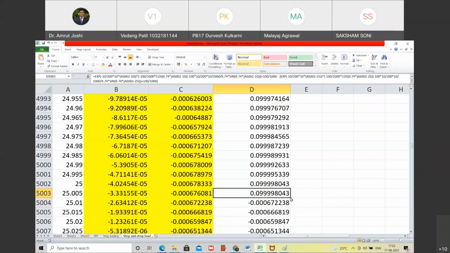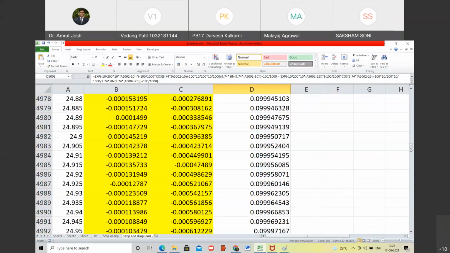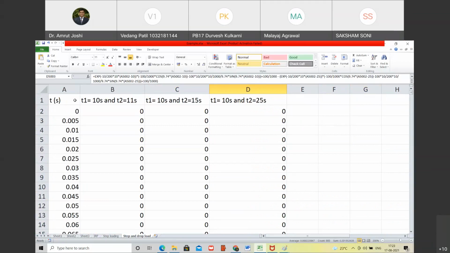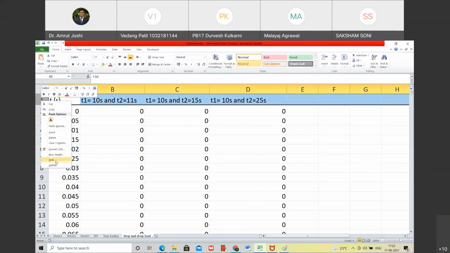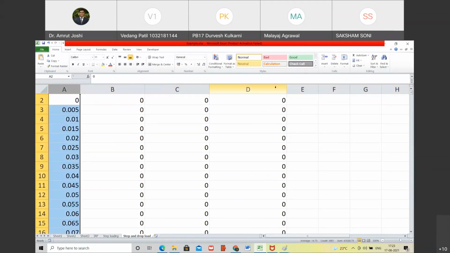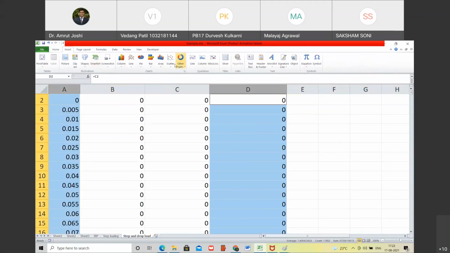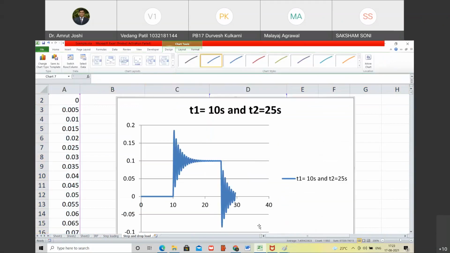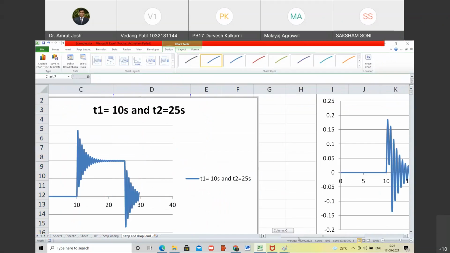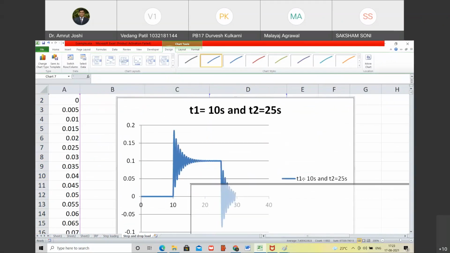After replacement, this is the answer. And now I need to plot this. So again, I'm going to hide this versus this, insert, scatter.